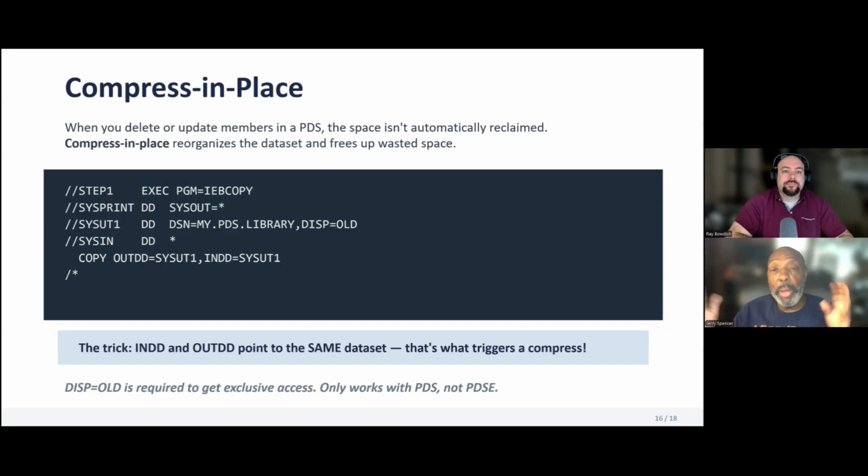I'm going to make sure that nobody tries to update this while I'm running. They can have it allocated, but as long as they don't try to update it, we're fine. If they try to update it, we'll tell them, look, you can't update it because somebody's compressing it, or depending upon what the timing is, it may tell you, look, you can't copy this because somebody's trying to change it. So that disp equals old is required to get exclusive access.